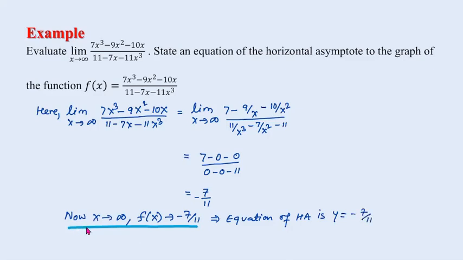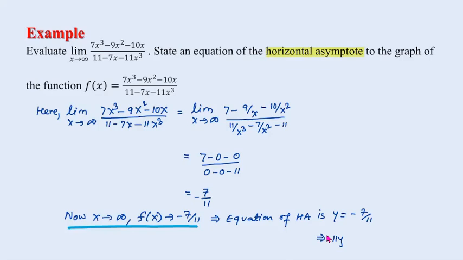So there should be a confirming statement like this to tell you that the equation is like this. So we must write y equal to negative 7 over 11 because we are talking about the equation of the horizontal asymptote. You can also simplify this equation a little bit. If we multiply on both sides by 11, it will be 11y equal to negative 7.